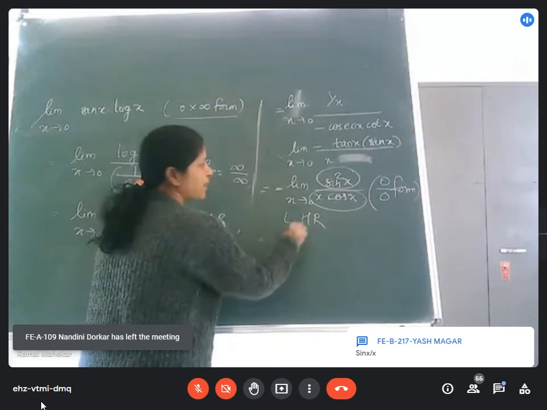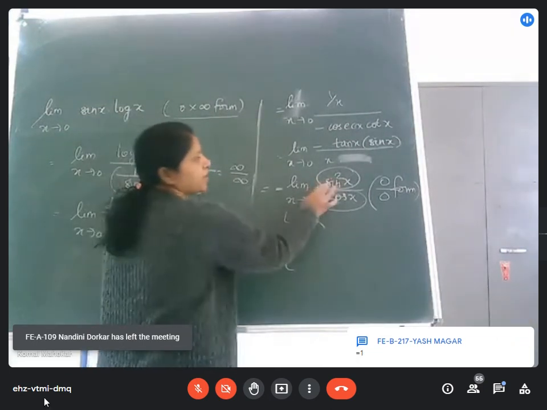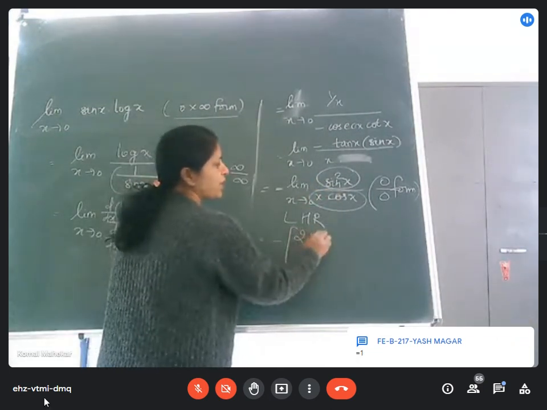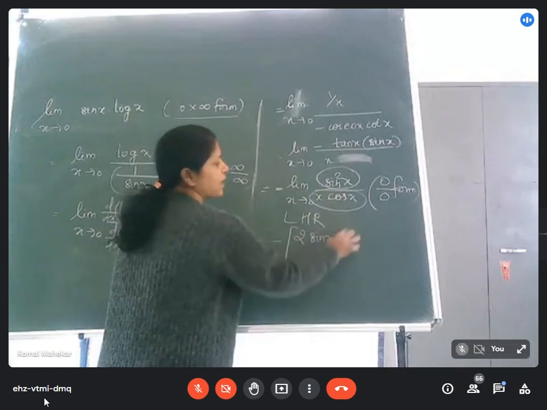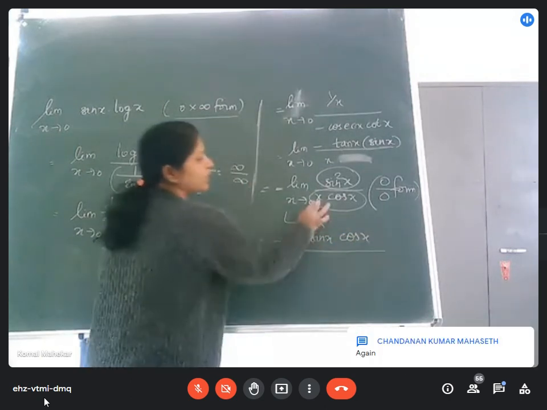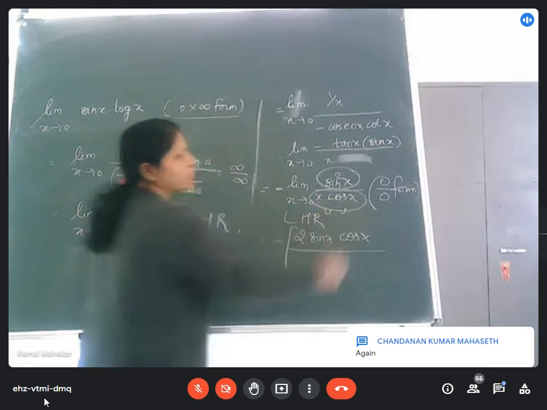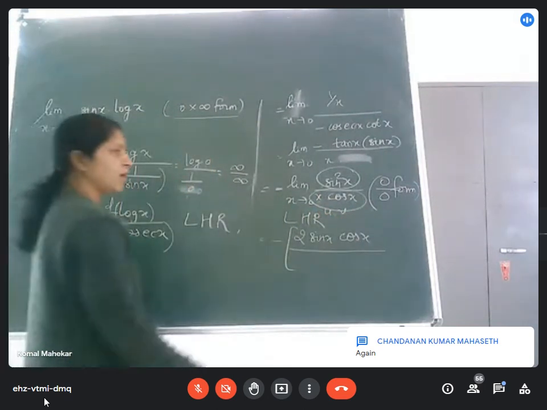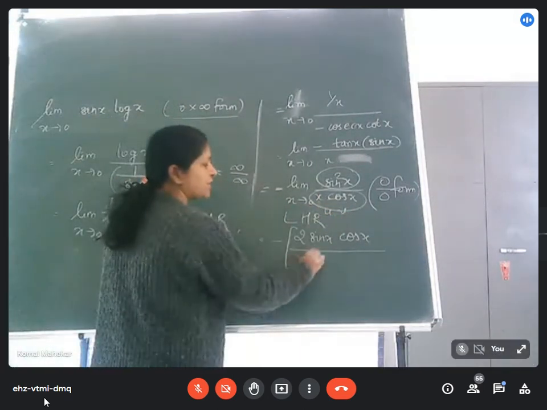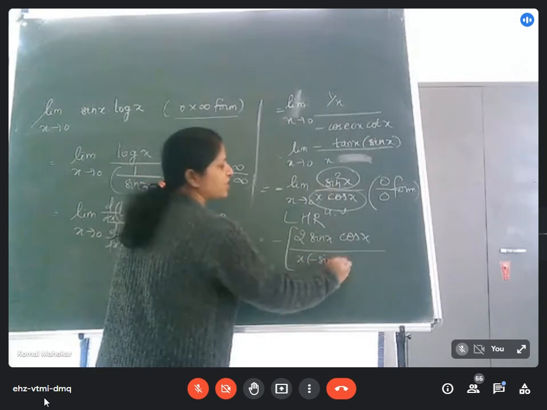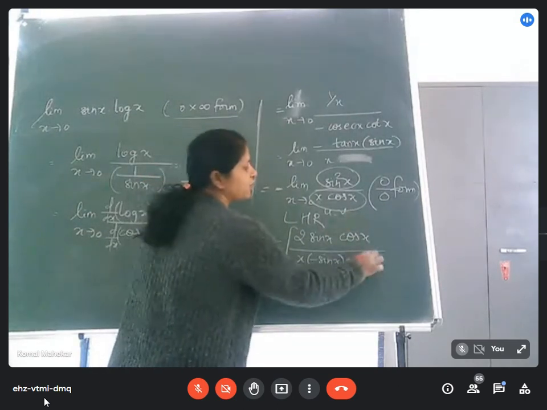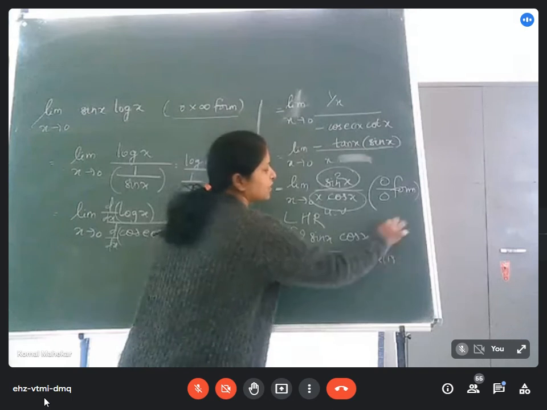So this is minus sin outside the bracket, derivative of this sin square x, that is 2 sin x, into derivative of sin x, that is cos x. And for this derivative, you will apply product rule, UV rule. Again, u into v dash, that is x into derivative of cos x, minus sin x, plus v into u dash, cos x into derivative of x with respect to x.